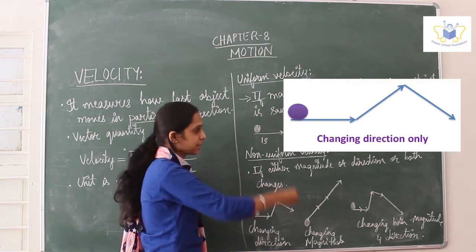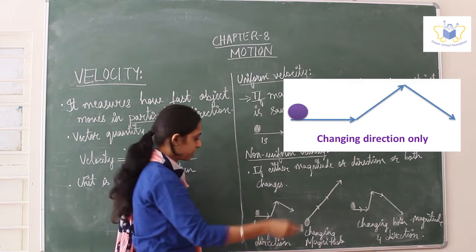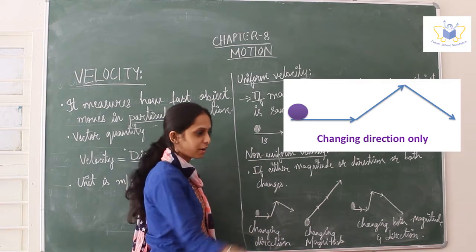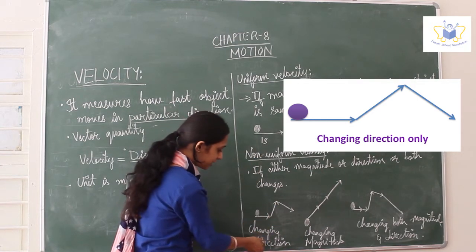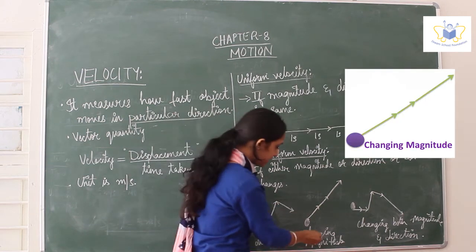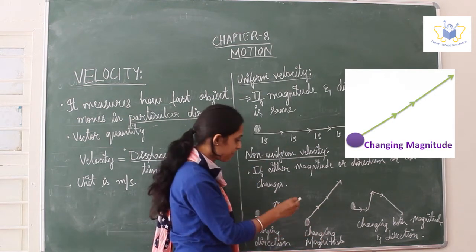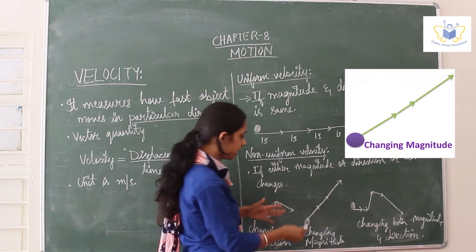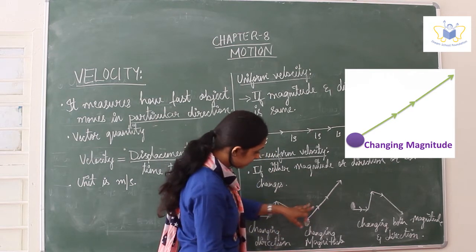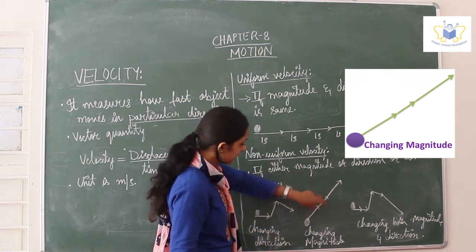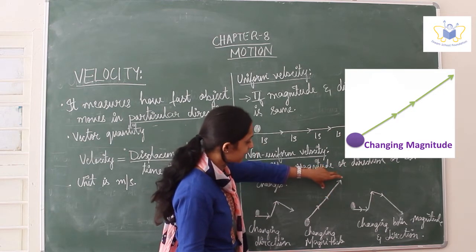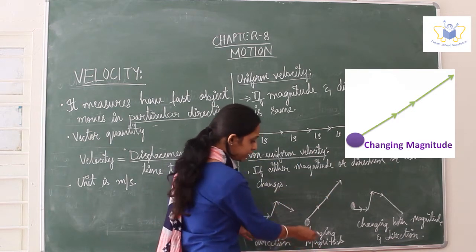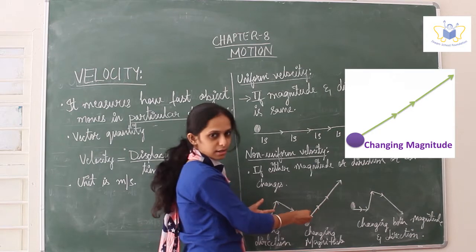It's going straight, coming up and again going down. Assume the bounce of a ball or something like that. So this is a change in direction. Next is change in magnitude. What do you mean by magnitude? The distance covered. In the first time interval, it covers some distance. Next, it is reduced. Again, it is increased. So the magnitude or the distance is changing constantly here.